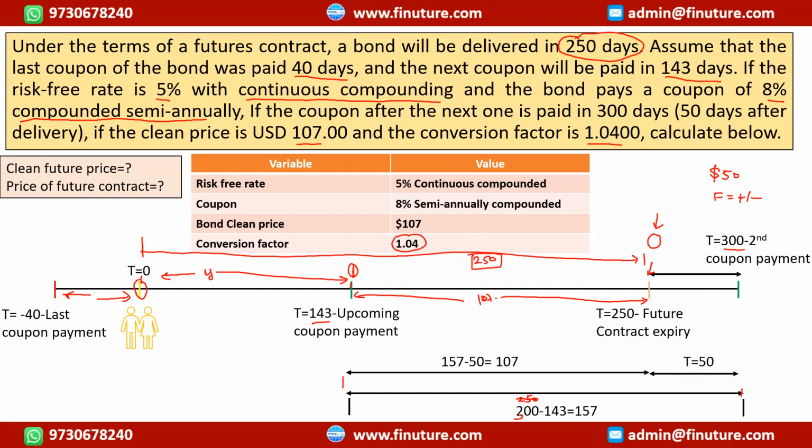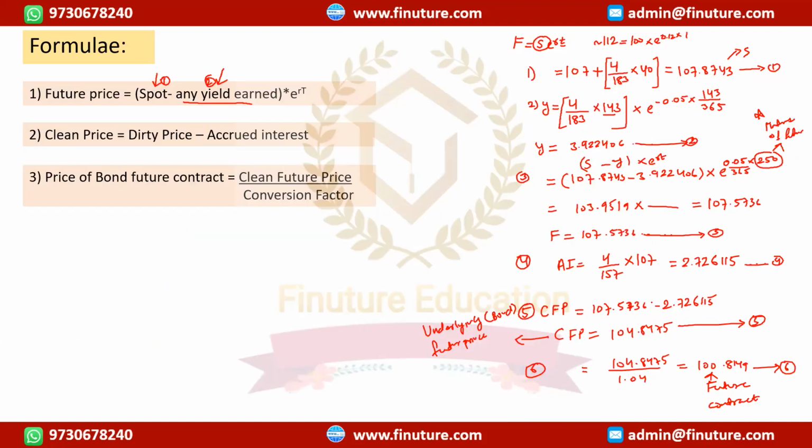There is just accrual, so we will subtract it from this price. The future price that you calculated, we will subtract this $4, which is getting accrued over 107 days, to arrive at a bond future price. So this is the price of the bond future. If you divide it by the conversion factor, you get the future contract.